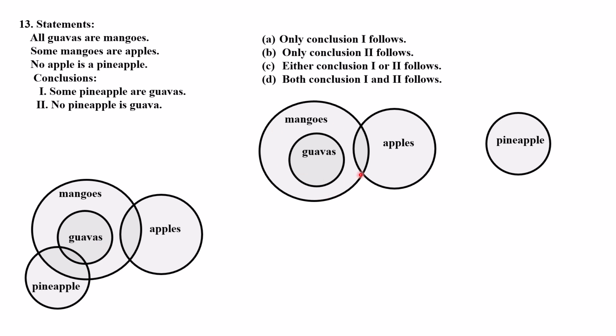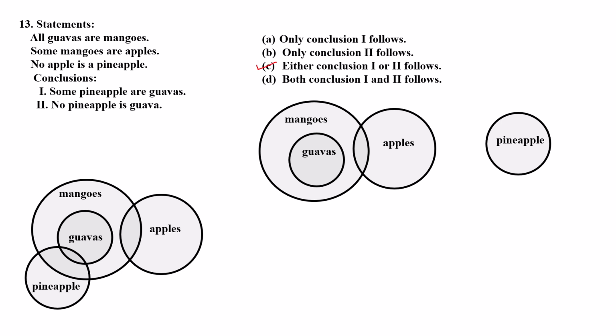So either it is correct for first one or it is correct for the second one. So from there you can see C is the correct option because any one of them will follow, isn't it? If you take this, then if you take this one, then first option will follow. If you take this one, second will follow. Okay, so either conclusion one or two follows. So from here, C will be the correct option.